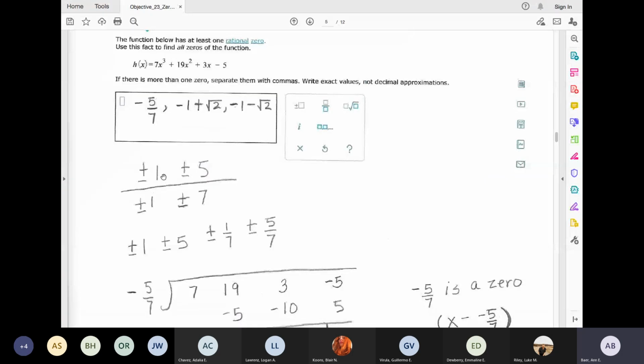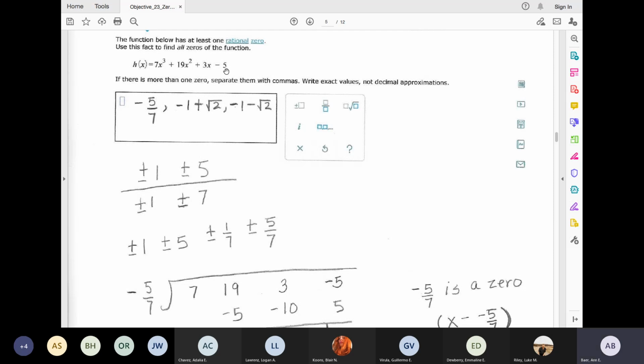So we need to use that topic that we learned where we construct a list of possible rational zeros. And fortunately, none of those got too long. The numbers on top of this fraction are the factors of -5 really, but you can just look at it as 5.